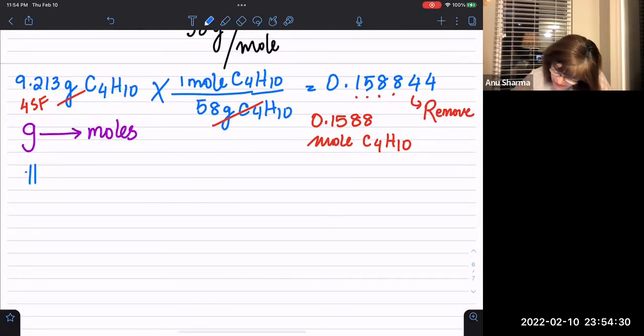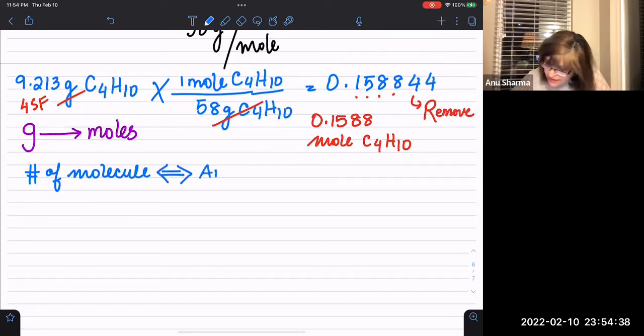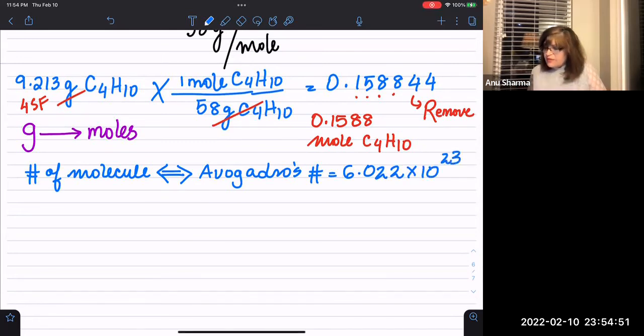Keep this in mind: anytime you have number of molecules, that means we are somewhere in the equation that relates to Avogadro's number. Avogadro's number is 6.022 times 10 to the power 23 particles, in this case molecules.